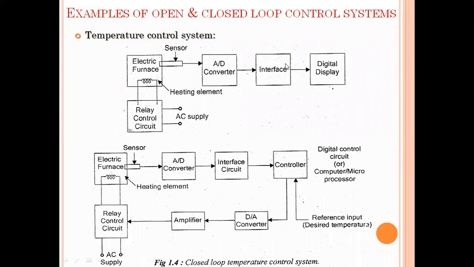And the interface is nothing but the element which relates this value, which can be shown in numerical form, because we understand numerical values. So this will be the digital display. In this digital display, we will see the temperature.